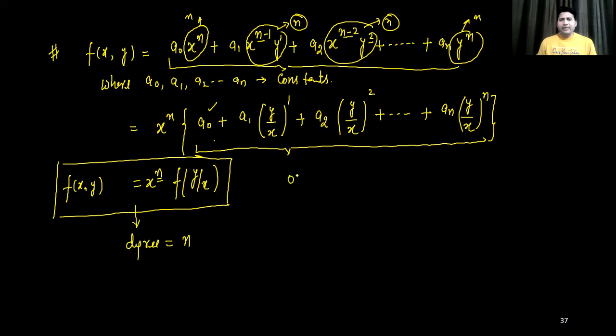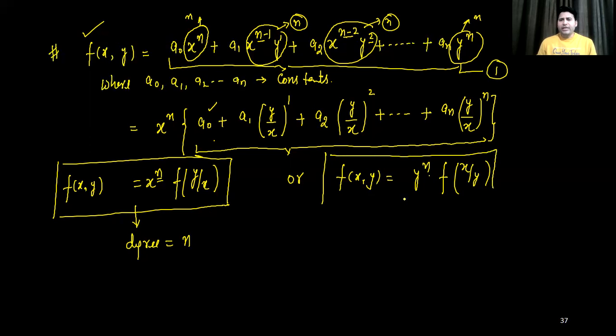In the same manner, if I take y to the power n common from the first equation, this will become f(x, y) equals y to the power n into f(x over y). This is also another standard notation for a homogeneous function.